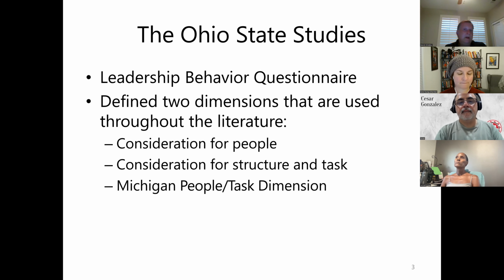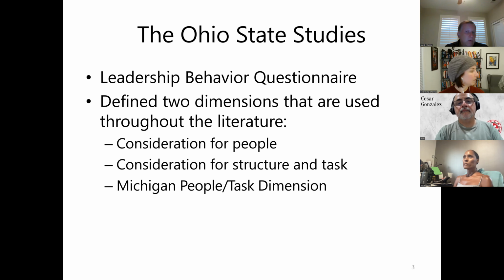Leaders can have a consideration for people. Leaders can also have a consideration for structure and task. By consideration for people, we're talking about leaders who are concerned about developing relationships, concerned about the well-being of their employees, and concerned about having good, supportive working relationships with their subordinates.